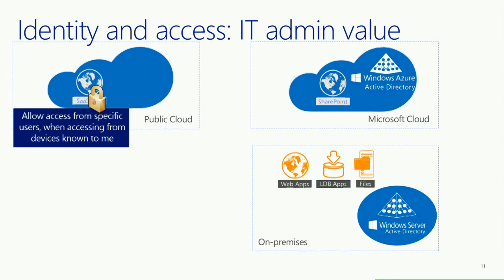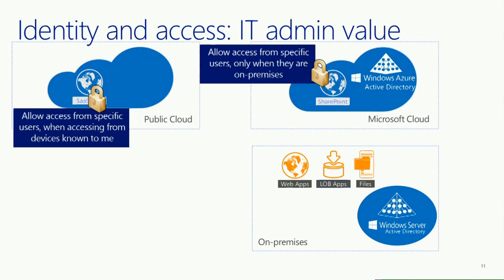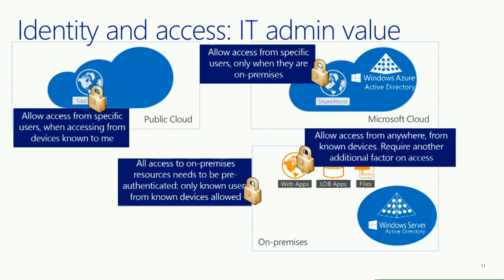Let's say that you have just subscribed to a cloud service, like your organization, and only a smaller group of people need to access this cloud service. And it is a secure cloud service. You don't want any random access associated with that. So a policy could be to only allow a subset of users from devices known to me, which is a type of policy that we think admins would like to enable.